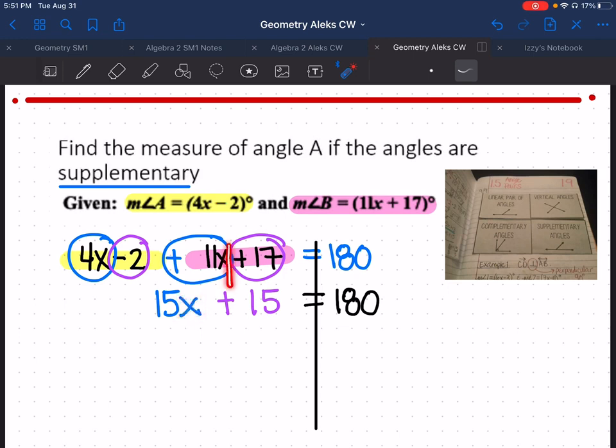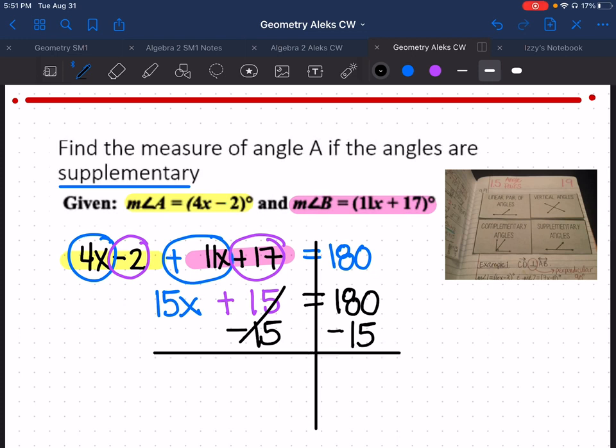So I'm going to go ahead and start by getting rid of my add or subtract. I see add. I'm going to do its opposite, which is subtract. Bring down my 15x. 180 minus 15 is 165.